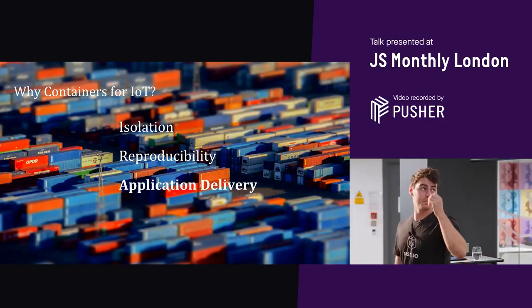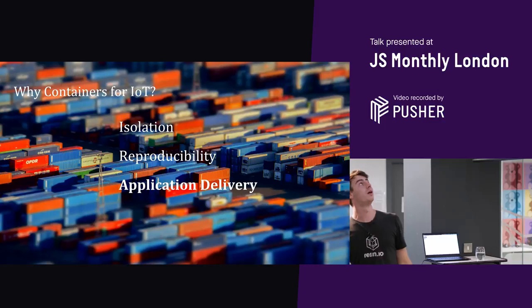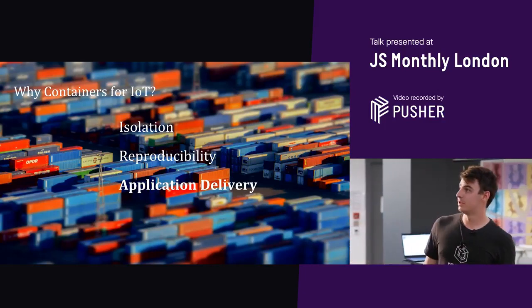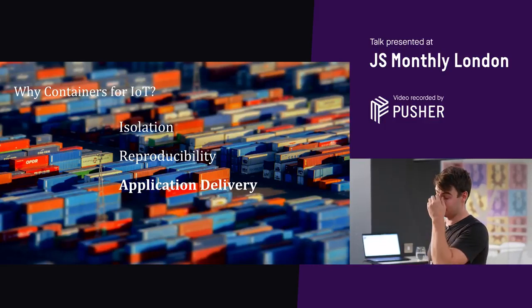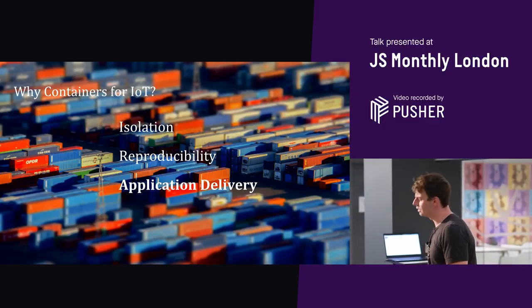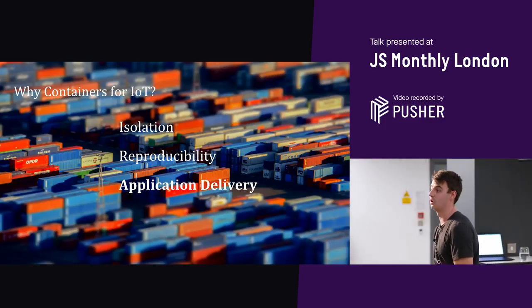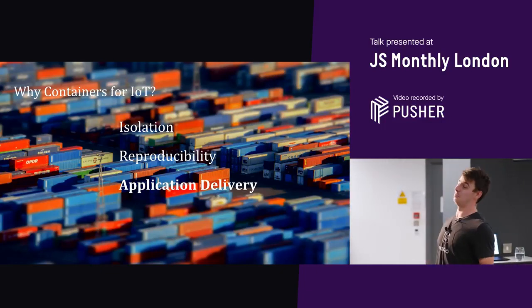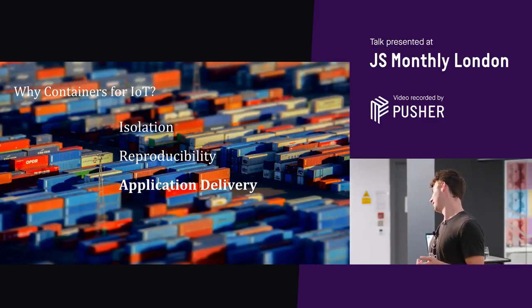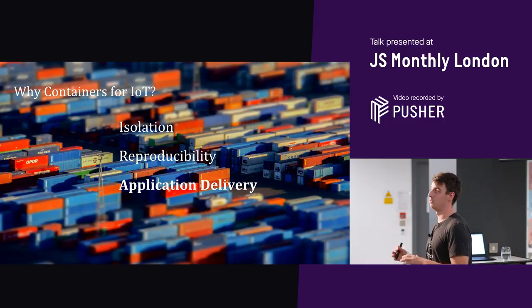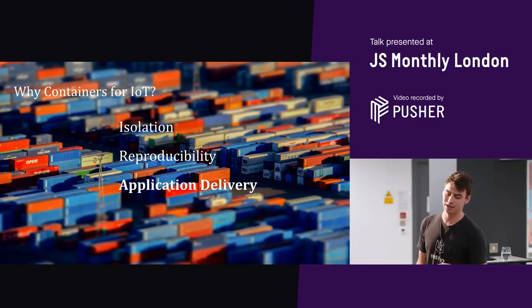Application delivery, I think personally, is the most important part of using containers for IoT. For a typical desktop application, you've got several different methods of deploying it. You've got auto updaters, you've got web apps, you've got, at a push, FTP if you need to. But if you have an IoT project and that device is not on the same local network that you are, your options are pretty limited.